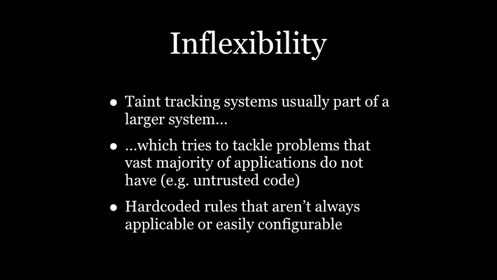You may want to say, oh, I only want to track taint for file operations, meaning only if tainted data ends up in file operations, I want you to throw a security exception. In this particular case, you cannot do that because all of the logic is hard-coded to support the larger untrusted code sandboxing system.